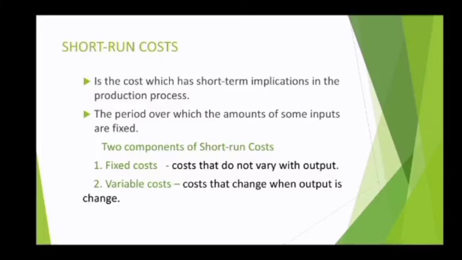And the second one is the variable cost that changes when output is changed. Fixed costs include the cost of fixed inputs used in production, and the variable costs include the cost of inputs that vary with output. So, that's the short run.